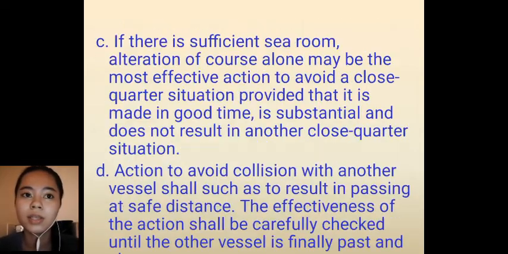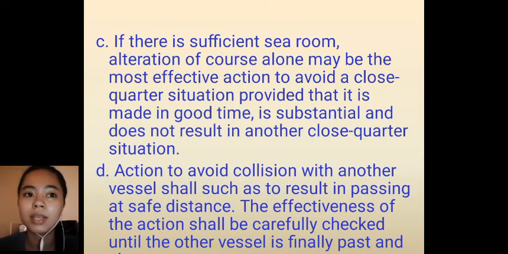C. If there is sufficient sea room, alteration of course alone may be the most effective action to avoid a close quarters situation, provided that it is made in good time, is substantial, and does not result in another close quarters situation. D. Action taken to avoid collision with another vessel shall be such as to result in passing at a safe distance.